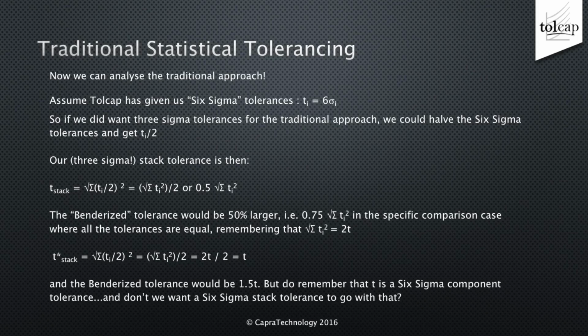And in the specific comparison case where all the tolerances are equal, remembering that the root sum square of the Ti is root 2 t, T star stack, the root sum square of half the tolerances, equals root 2 t over 2, which comes to t, and the benderized tolerance will be 1.5t. But do remember that t is a 6 sigma component tolerance, and don't we want a 6 sigma stack tolerance to go with that?